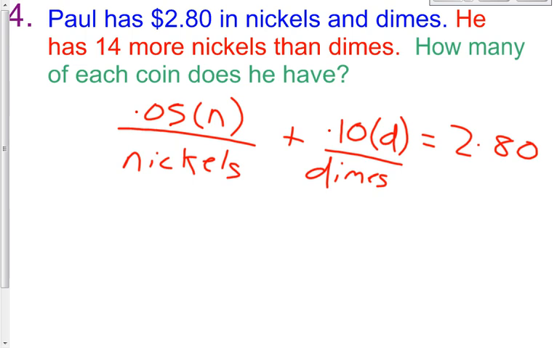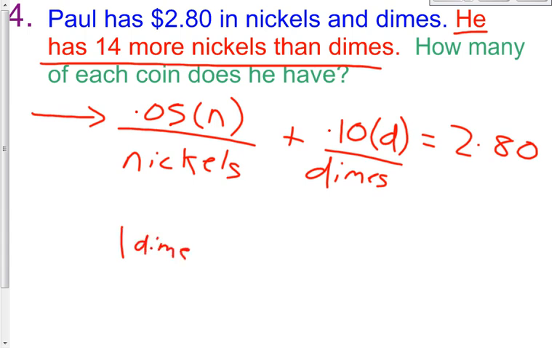So this right here is going to be your first equation that you're going to set up for our systems of equations. Second one, also just some basic questions that I'm going to ask you first before we get into this one. Because he has 14 more nickels than dimes. So if he has 1 dime, he has 14 more nickels.